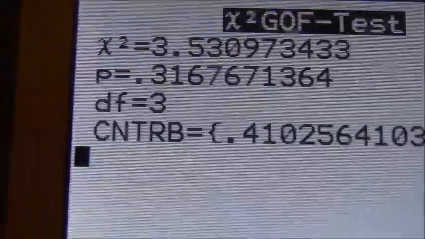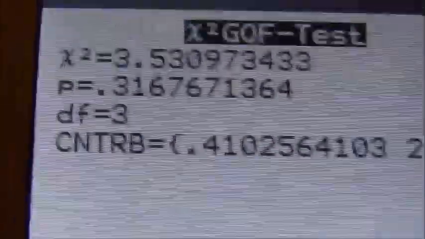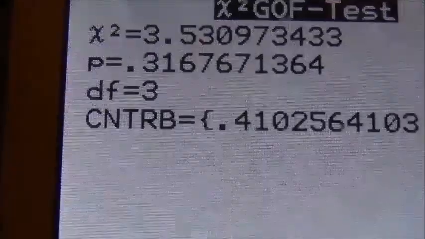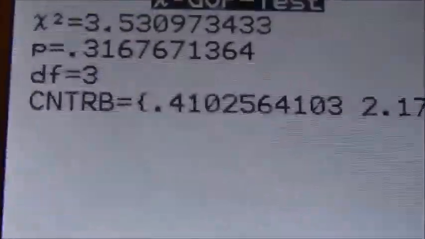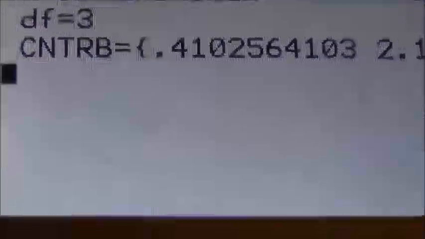P-value is 0.3168 if I go to 4 decimal places. And then again, you see that list down there at the bottom, which on Alex you will actually fill in. I think they're going to have you round them off to 3 decimal places. I can't remember for sure, but we'll look at that when we look at the Alex problem.